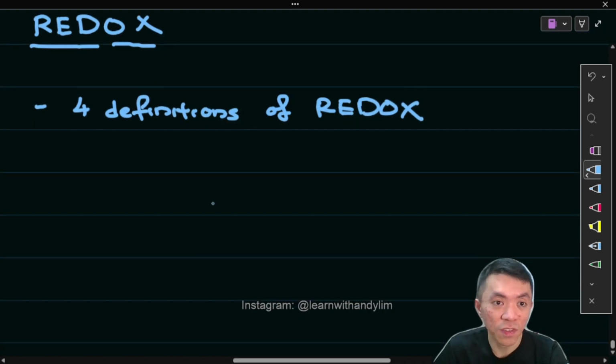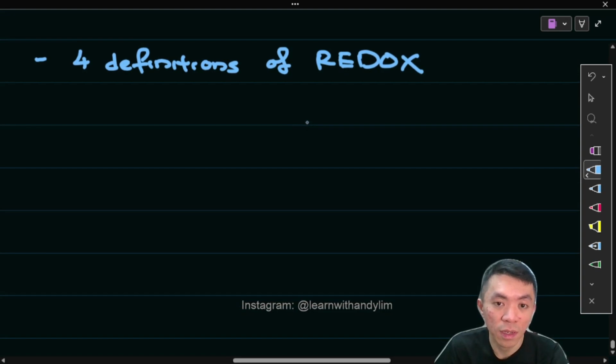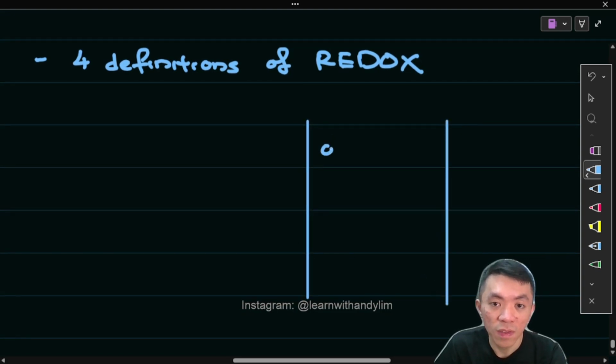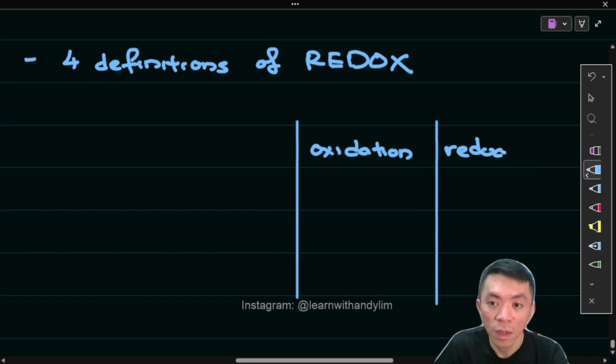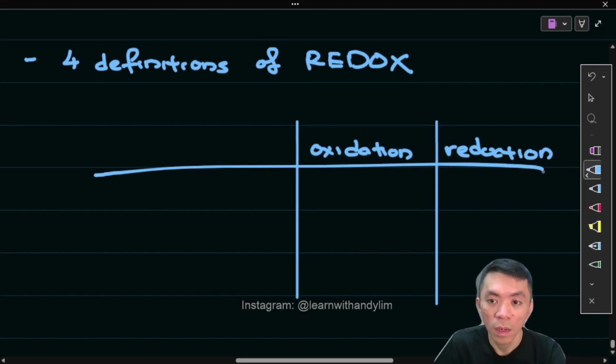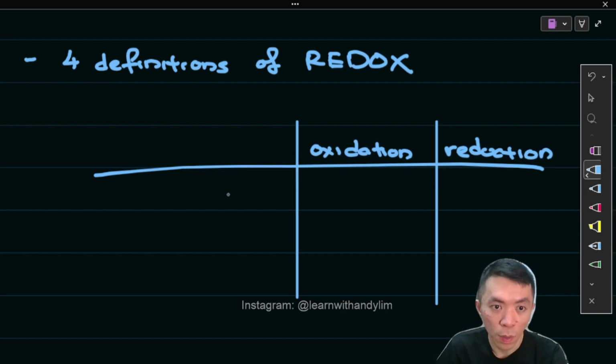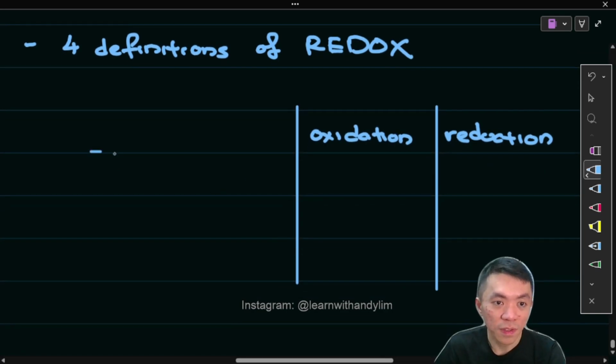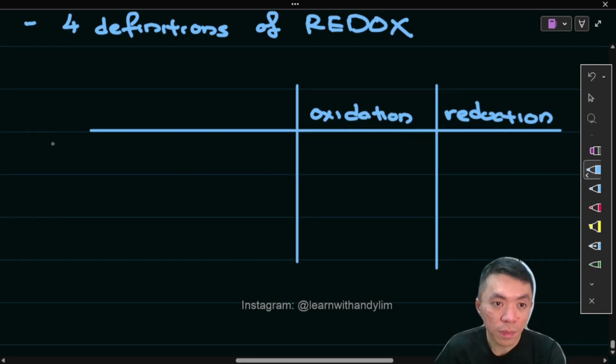Let me just write this down. This is my oxidation. This is my reduction. All right, so let me just draw it in.